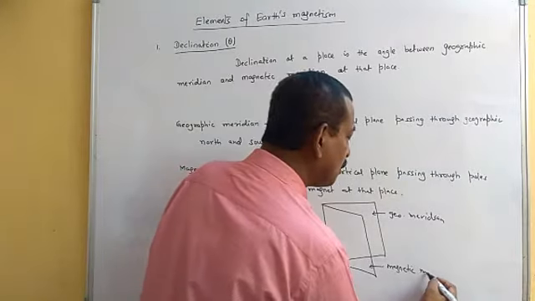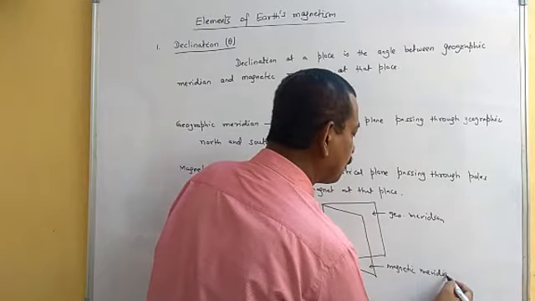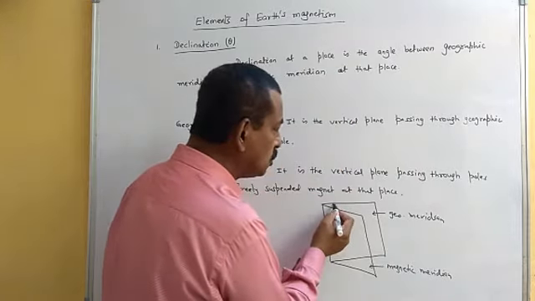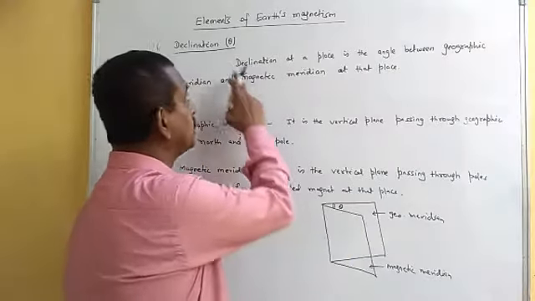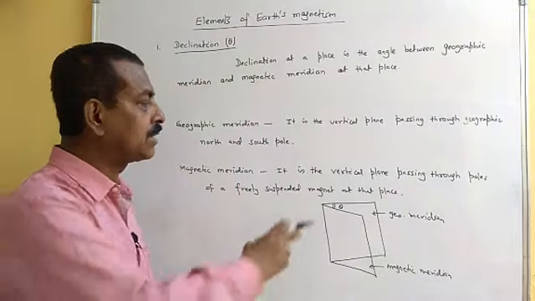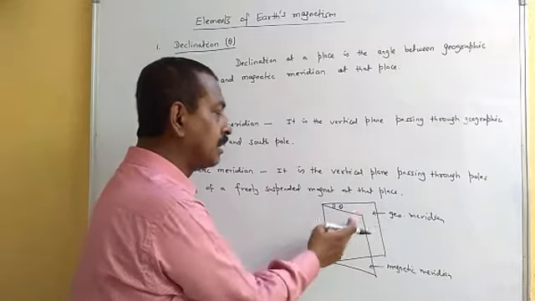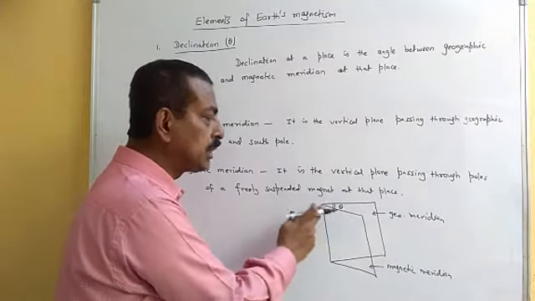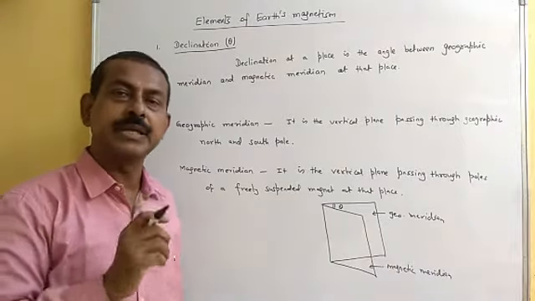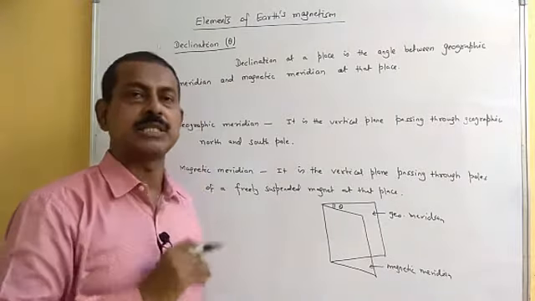So this is the magnetic meridian. So the angle between these two, this particular angle theta, is the declination. It is the angle between geographic meridian and magnetic meridian at that place. So this particular angle is your declination at that particular place.